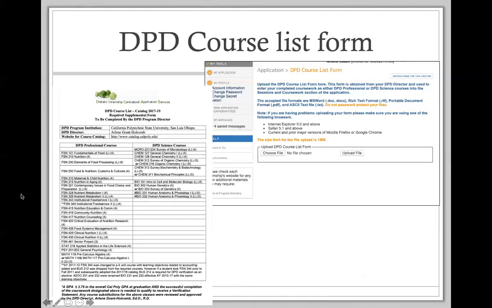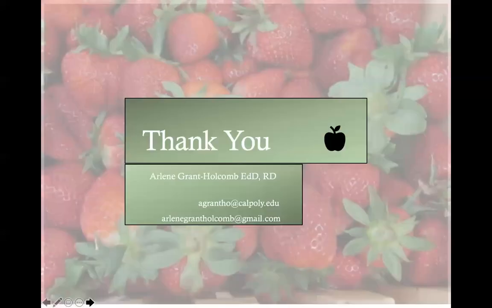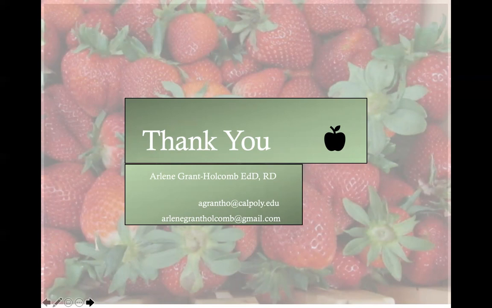And this helps you to know, is this a professional course or is this a science course, as determined by your program. If you don't have ready access to the DPD course list, that's something to reach out to your program director and ask her for. The DPD course list will come from your didactic program in dietetics.